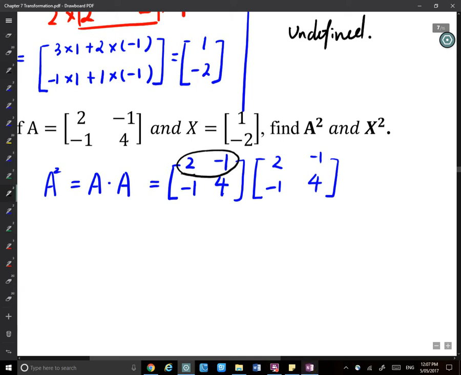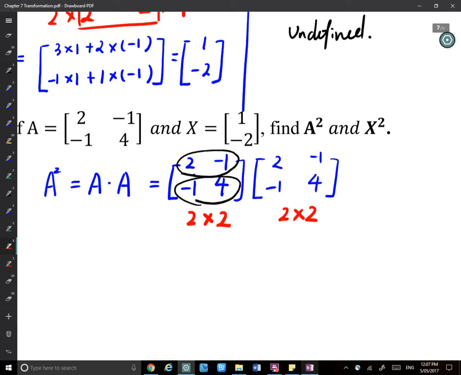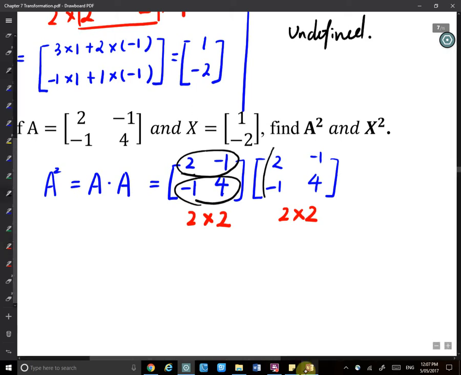First I need to test. That's a 2 times 2 matrix. That is a 2 times 2 matrix as well. I can evaluate that, and you will have a 2 times 2 matrix. And you use the row for that, the column for that. Row 1, row 2. Column 1, column 2.